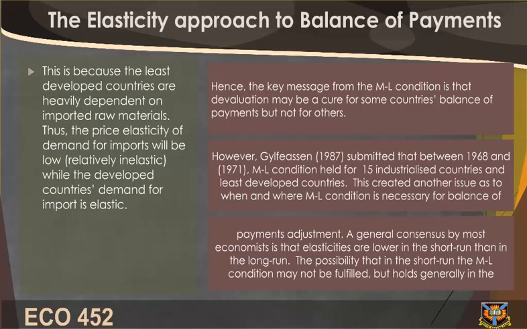This is because the least developed countries are heavily dependent on imported raw materials. Thus, the price elasticity of demand for imports will be low, relatively inelastic, while the developed countries' demand for import is elastic. Hence, the key message from the ML condition is that devaluation may be a cure for some countries' balance of payments, but not for others.